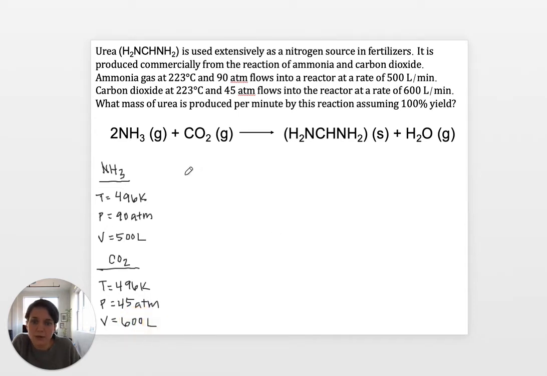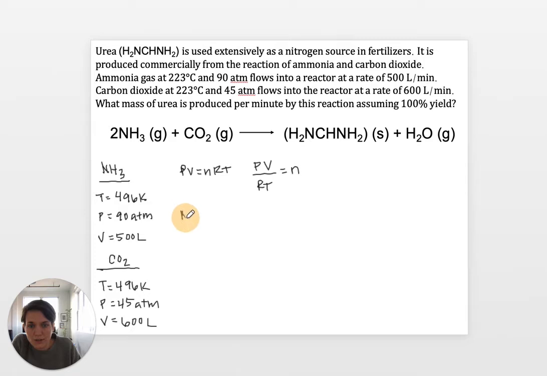All right, the only way we're going to be able to solve this is with the ideal gas law, PV equals nRT. That means pressure times volume over RT would give us the number of moles.